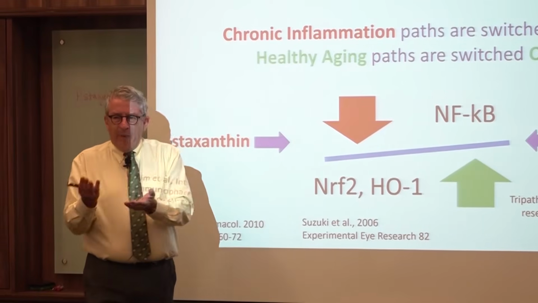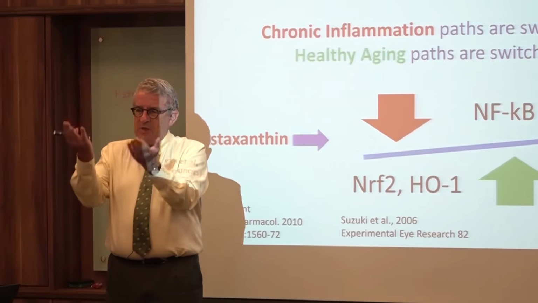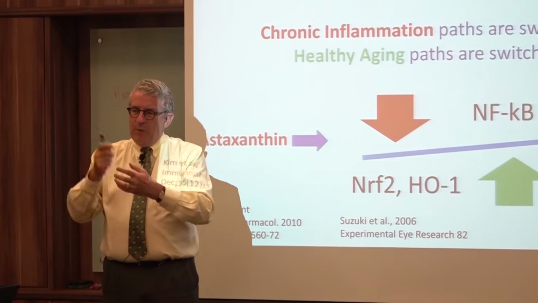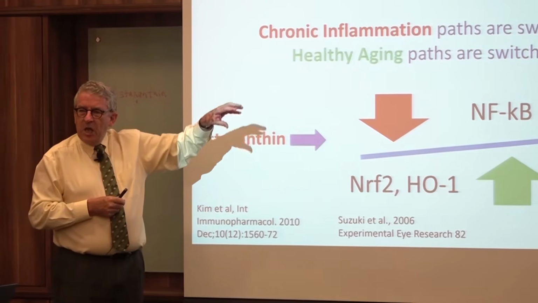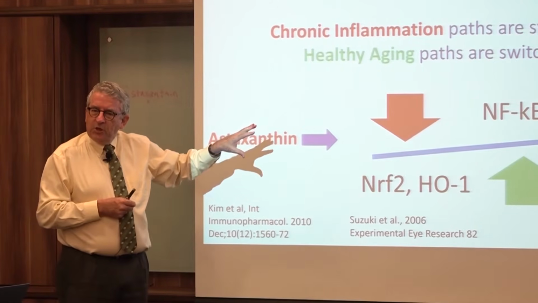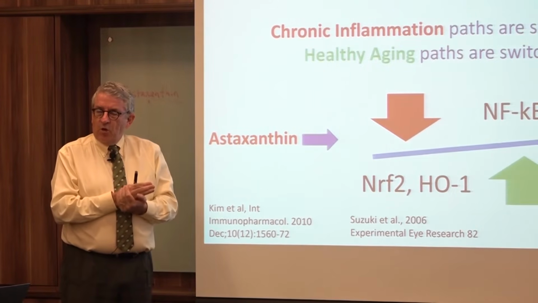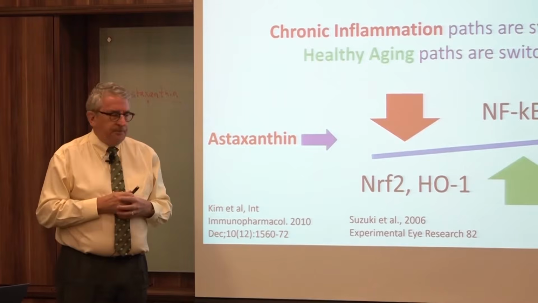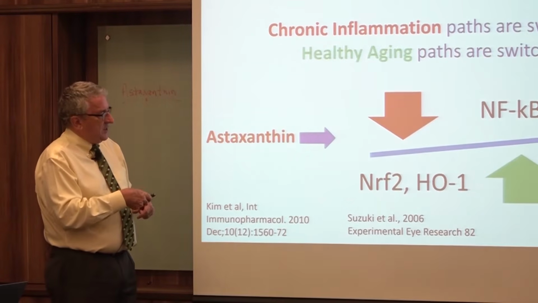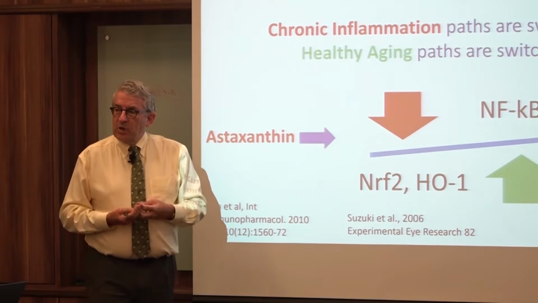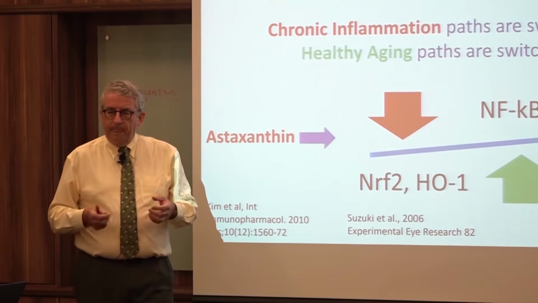So this relative balance of oxidative stress affecting these switches, NF-kappa B or NRF2, determines what happens to a cell and what happens to inflammation, whether it maintains in a chronic mode or switches off. So oxidative stress is the driver, and astaxanthin is the modulator, right? Next slide.